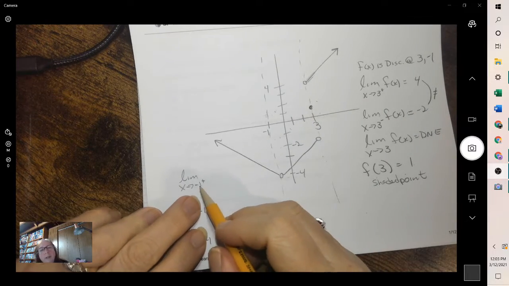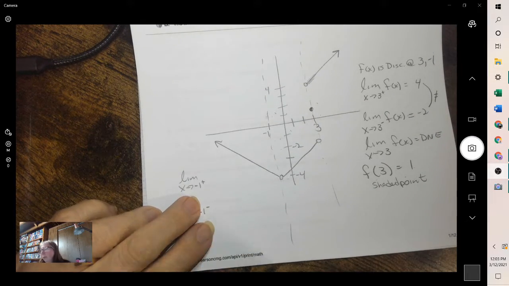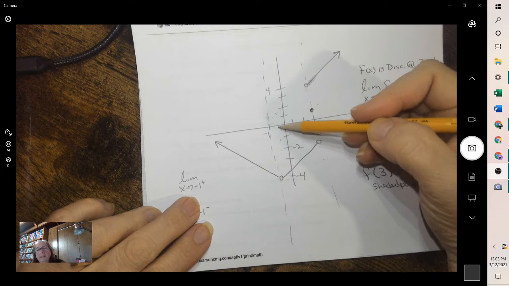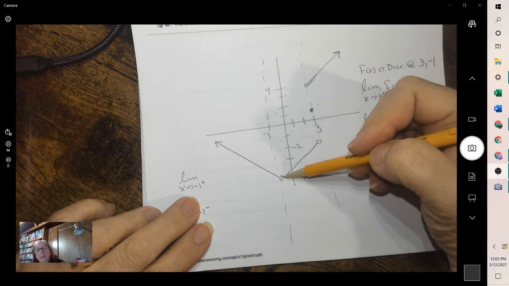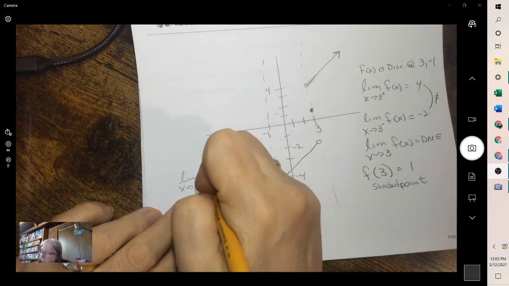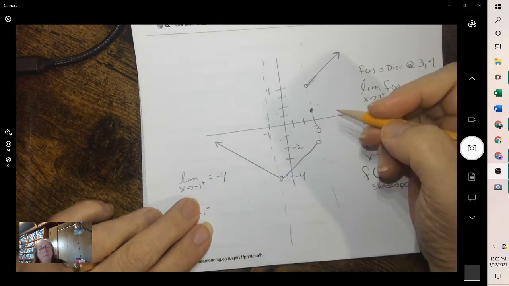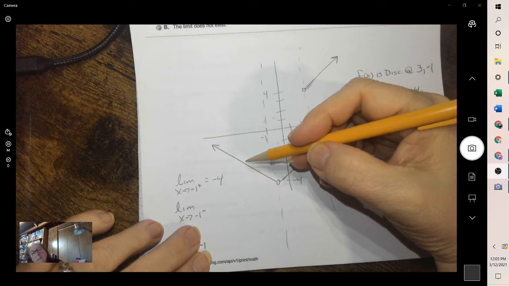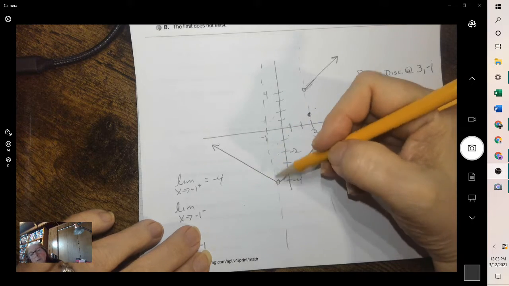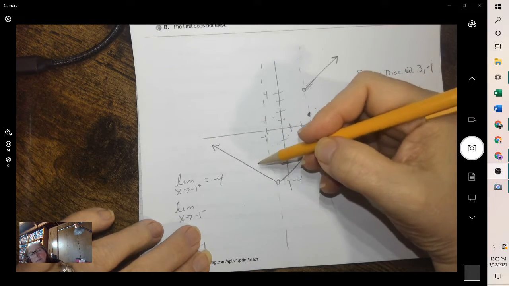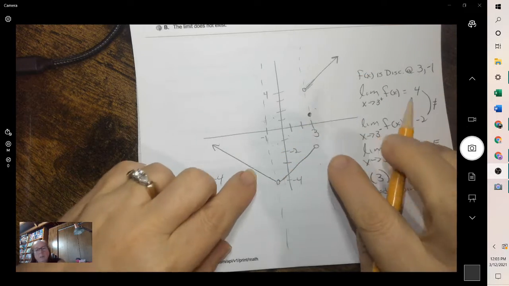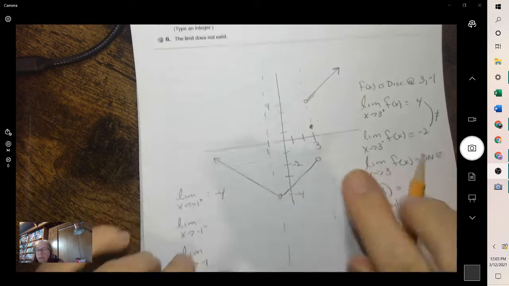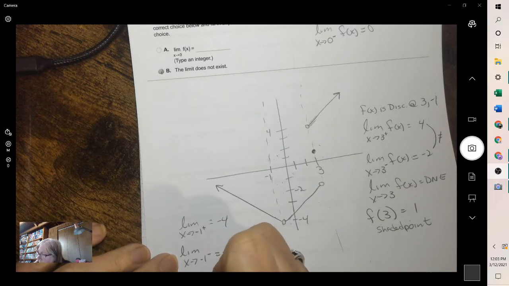The limit at -1 from the right, we'd go on the right side of the line, and the graph's over here. And the point then would be -4. On this side from the left, you go on the left side of the line, over here, and again, notice they're both coming in together. So it is also -4.